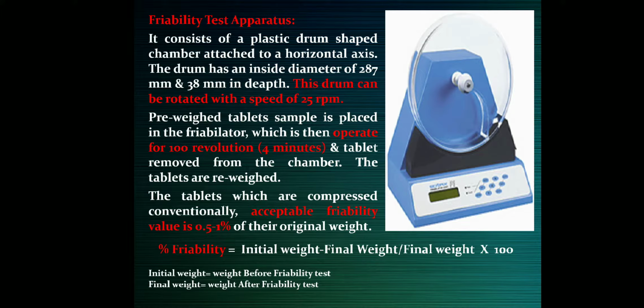Simply speaking, the friability should be less than 1% to pass the test. It is determined by the formula: initial weight minus final weight, divided by initial weight, into 100. The initial weight is the weight of the tablets before conducting the friability test. The final weight is the weight of the tablets after completion of the friability test.